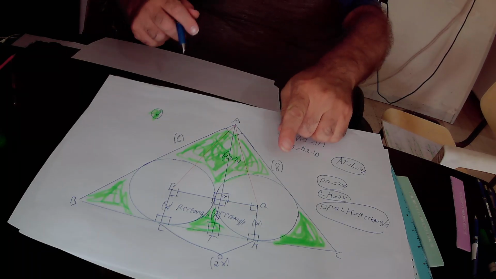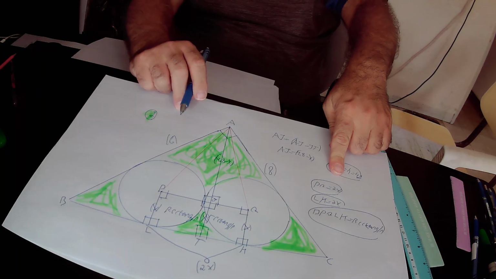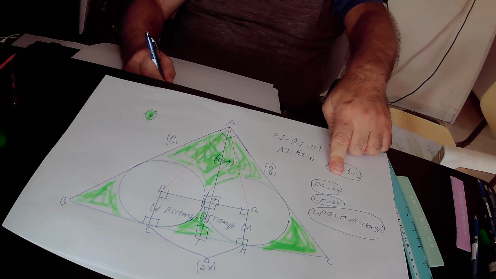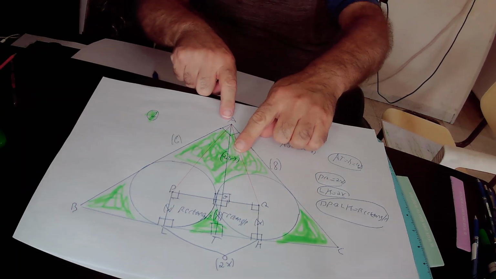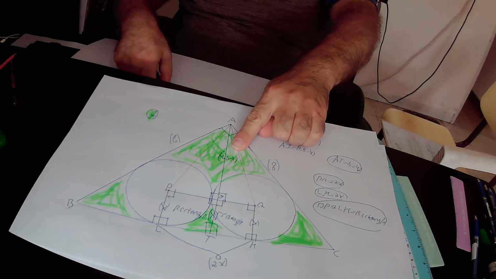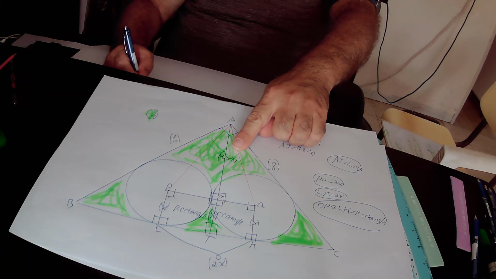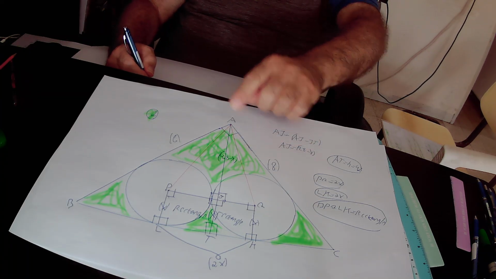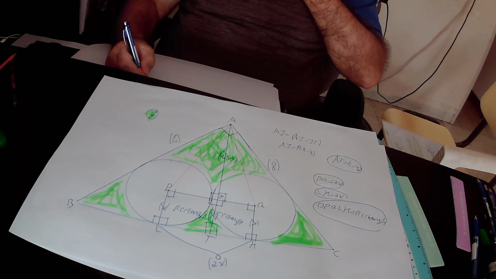We already found out that the base PQ equals 2x units in its length, times the height AJ, and AJ equals 4.8 minus x, over 2.